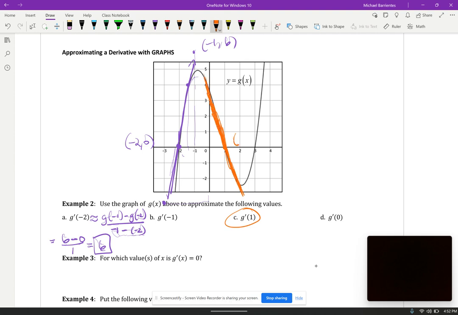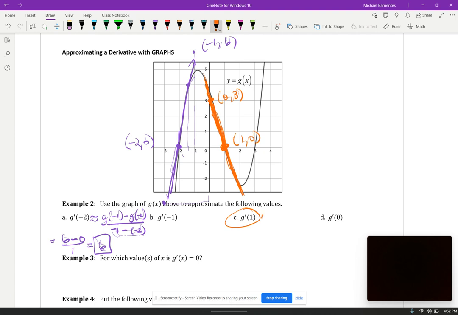So I know this point for sure is at (1, 0), right? This point of tangency. Can I find another point? Well, I'm going to use this one maybe and say this is at (0, 3). And we're going to find the slope of those 2 points, because the slope of those 2 points would be the slope of this line, and this line is supposed to be the tangent line.